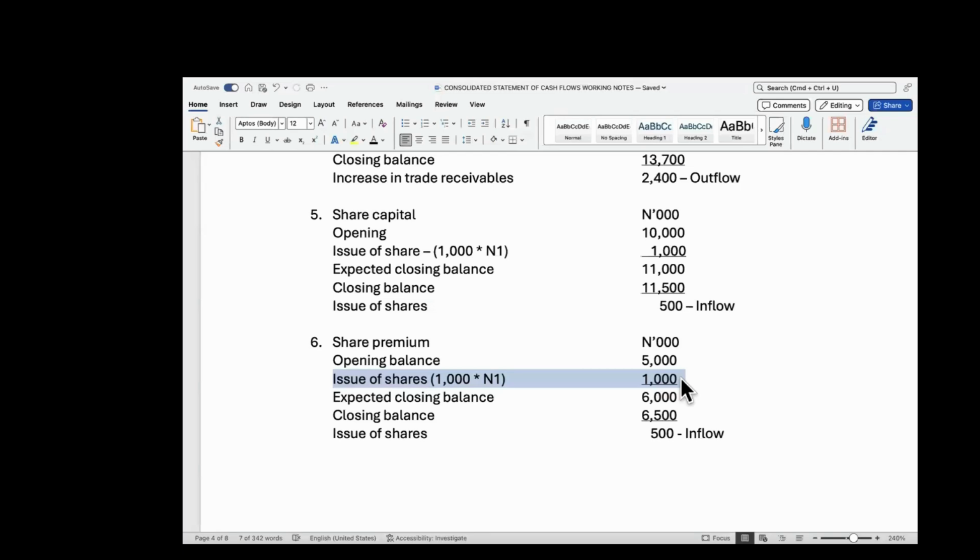The 1 naira is the nominal value. The extra 1 naira to make up the 2 naira is the premium on those shares. But at least this movement shows there was an inflow in share capital and share premium.